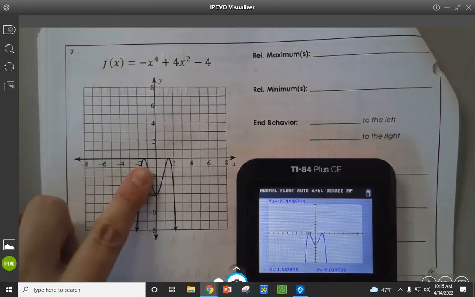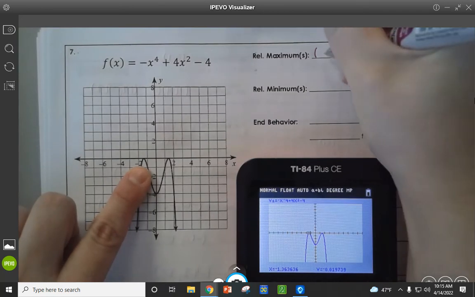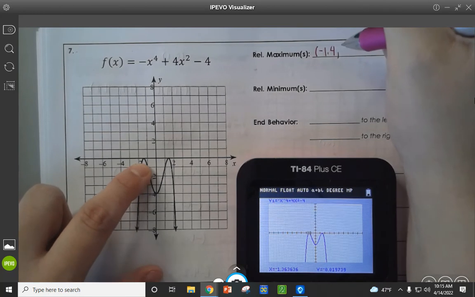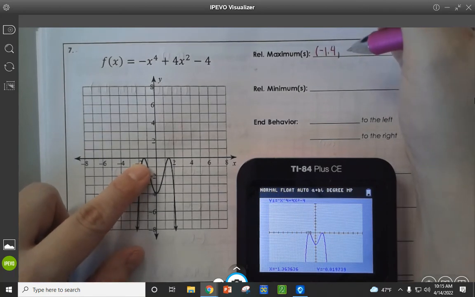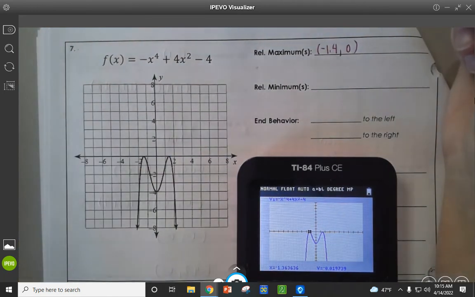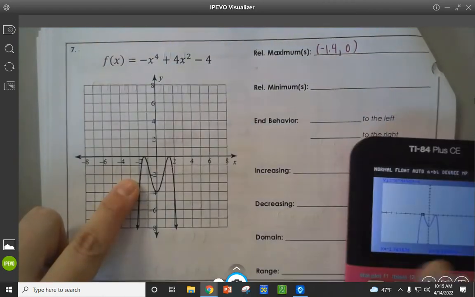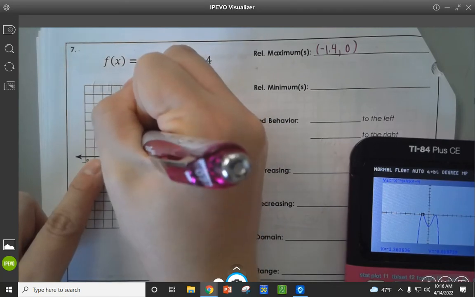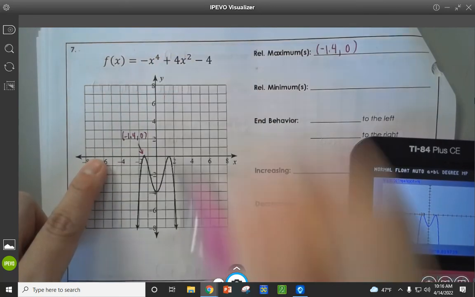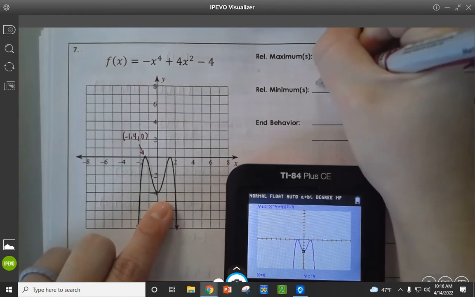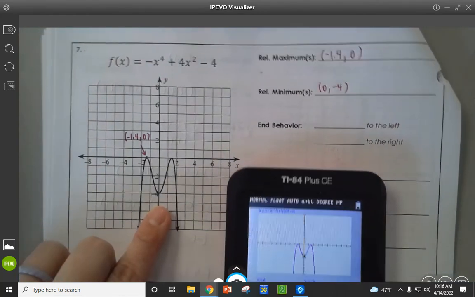So this first maximum is at -1.4. And then I've got -0.019, which really just rounds to 0. And then I go to this minimum, which is 0, -4.